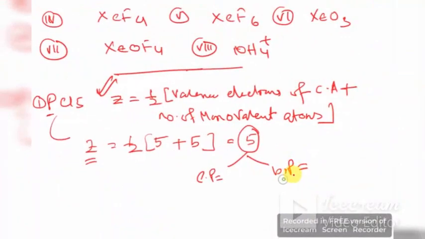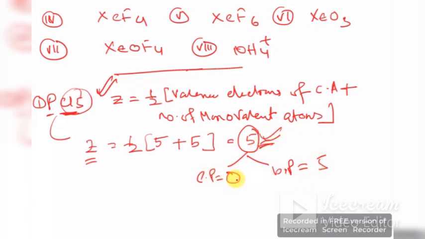For finding out bond pairs, just see how many atoms are attached to the central metal atom. There are 5 chlorine, that means bond pairs will be 5. If the total number Z is 5 and all 5 are bond pairs, then lone pairs will be 0.